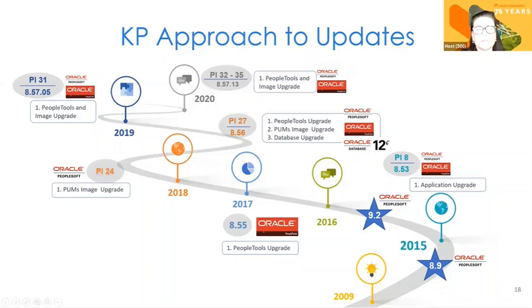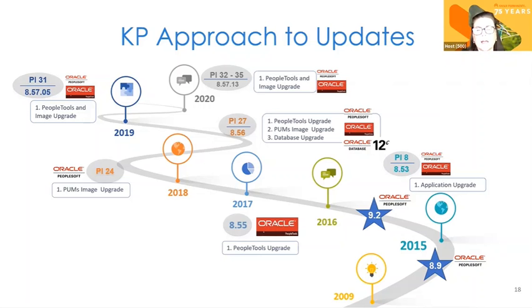So this is the KP approach to PUM updates. Starting way back when we implemented PeopleSoft, I was unfortunately not present during that exciting time. I heard it was a huge project, but Kaiser Permanente implemented 8.9 in 2015, and then 9.2 in 2016.